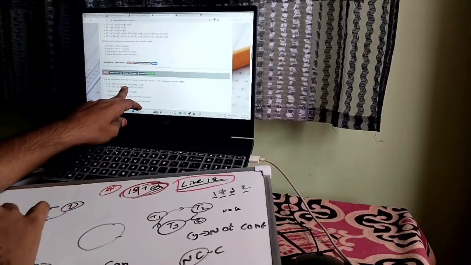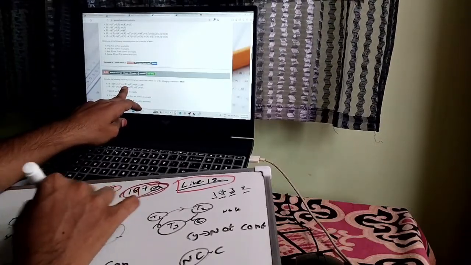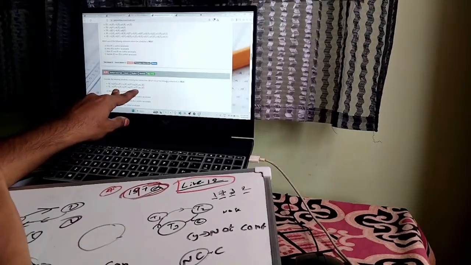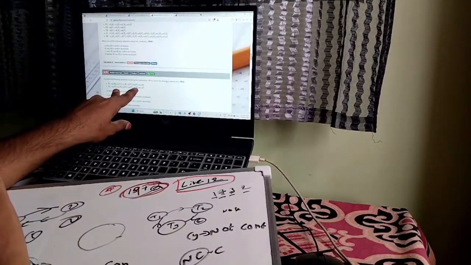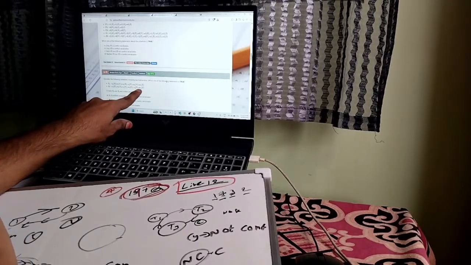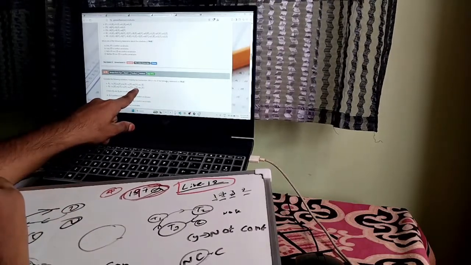S1 is not serializable, but what about S2? There is X and there is one. That's all.